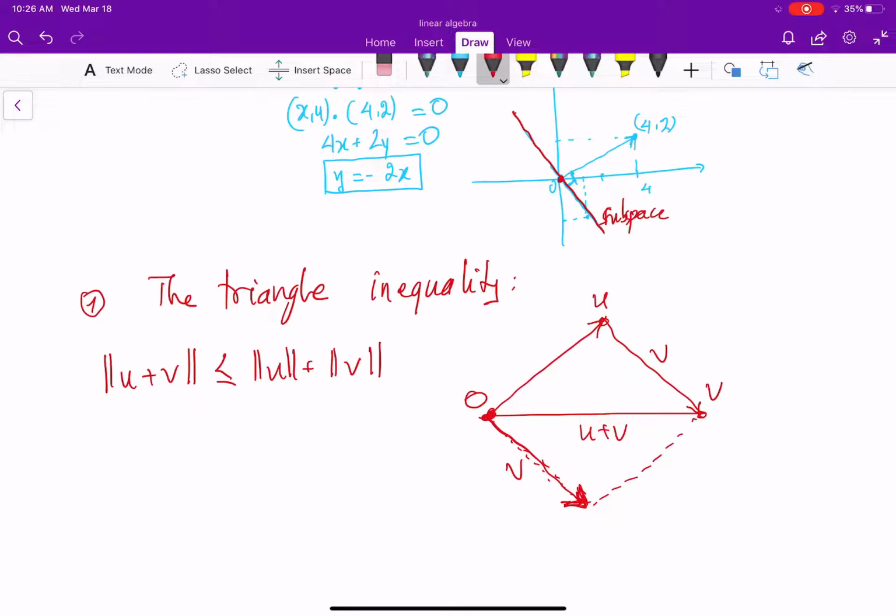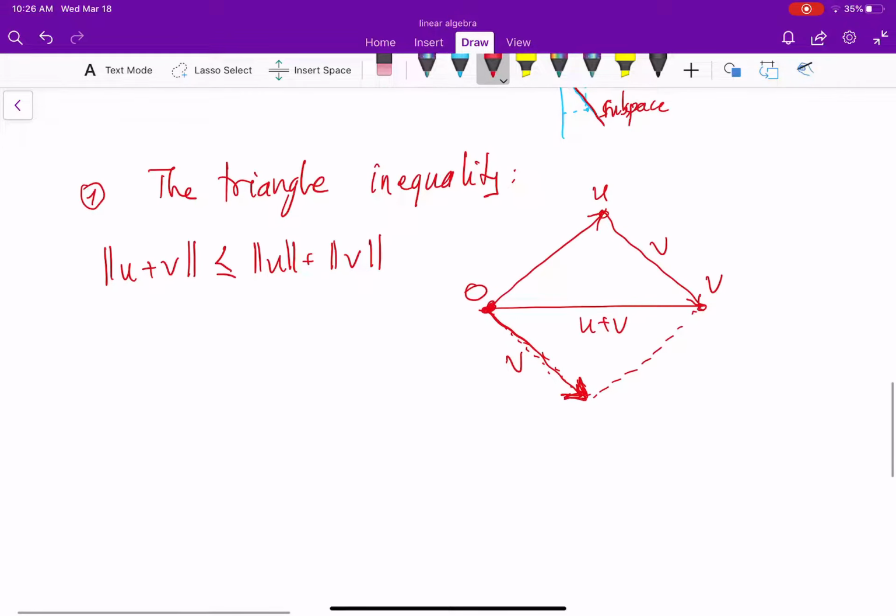Okay. Another one is the Pythagorean theorem.